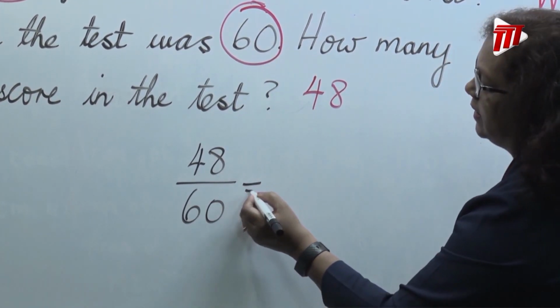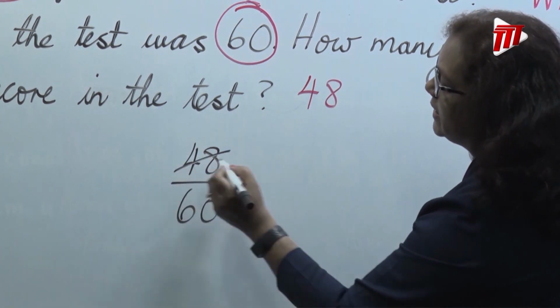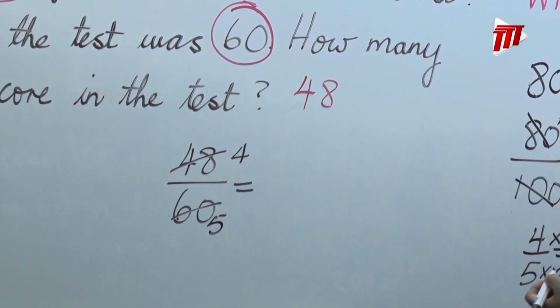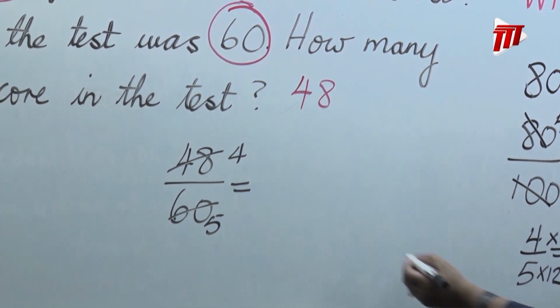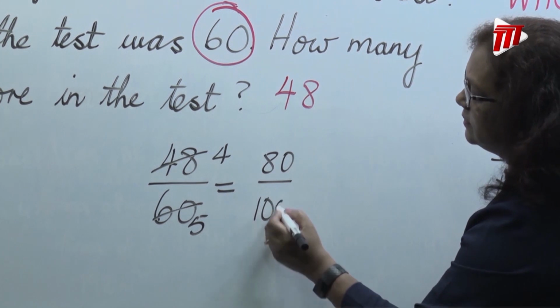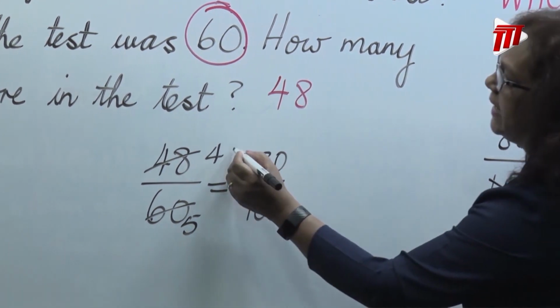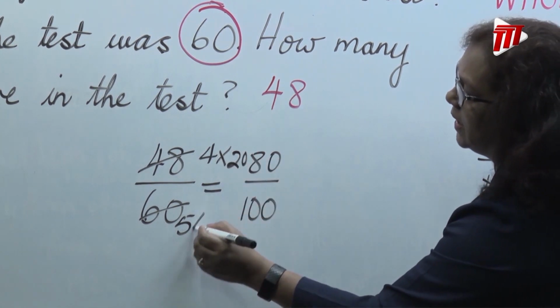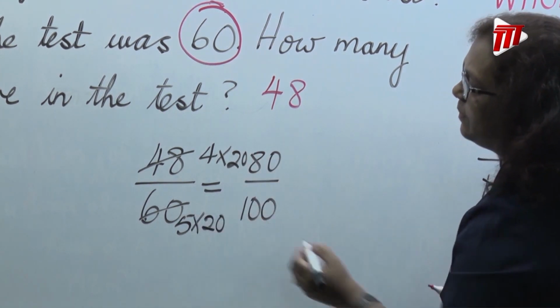And if I reduce it, I'm going to get 4/5. And 4/5 is the same as 80 over 100. I can multiply by 20 at the top, I can multiply by 20 at the bottom.